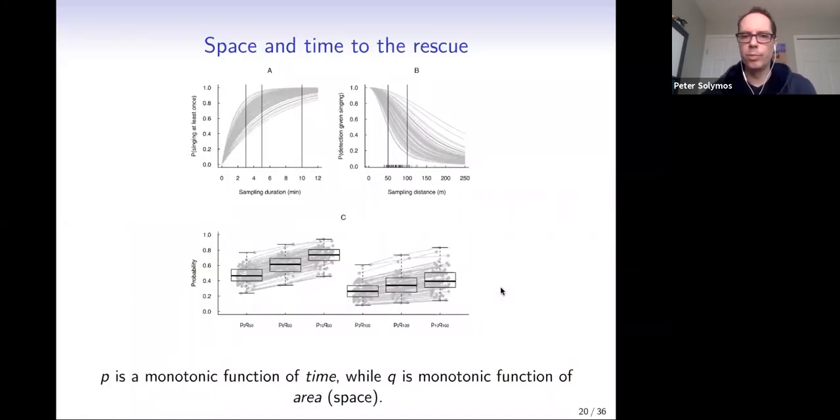So we can use multiple time intervals and distance bands to estimate these quantities. And the reason is that as the sampling duration increases, this probability is increasing too. And as we increase our sampling area, so the distances, then we see the perception probability drop down.